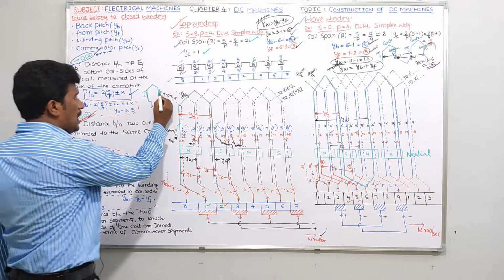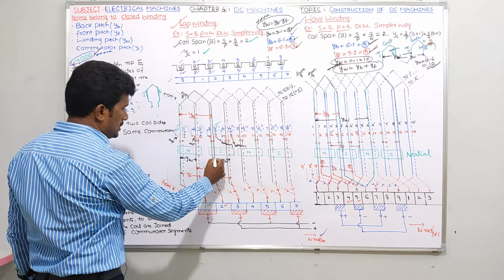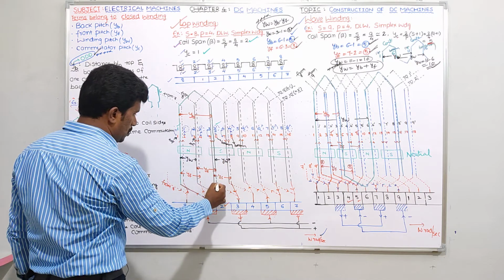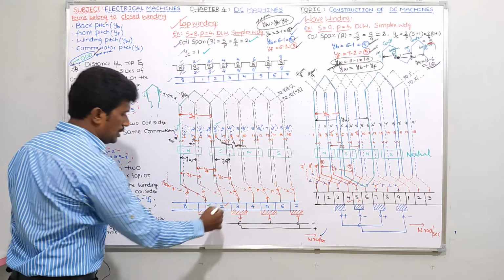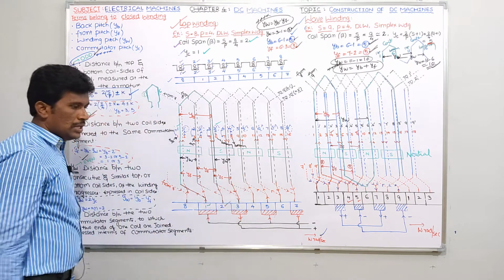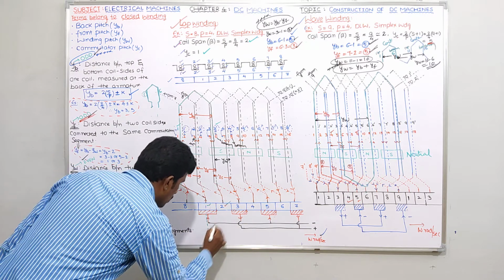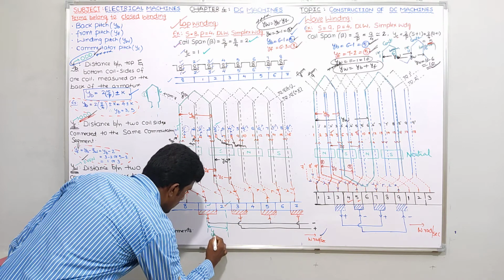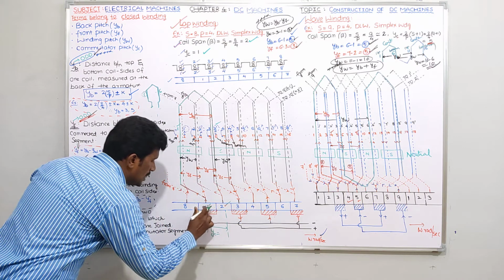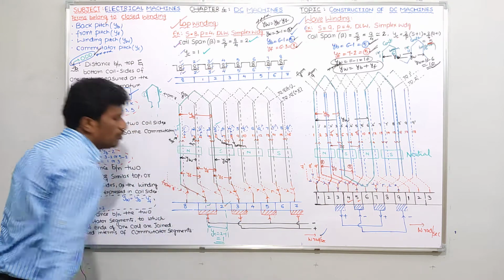Now tell me, what is the other coil side of this coil? 6. Tell me, 6 is connected to which commutator segment? 2. Therefore from 1 to 2, what is the YC value here? Commutator pitch YC is equal to 2 minus 1, you get 1. So this is the commutator pitch value.